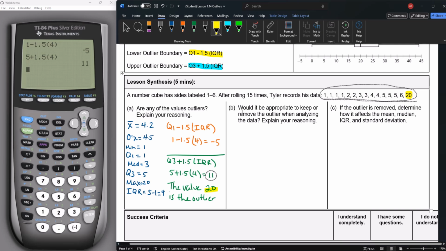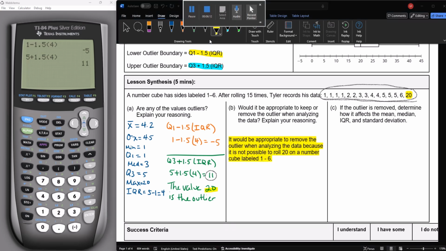So let's take a look at part B. Would it be appropriate to keep or remove the outlier when analyzing the data? Since we are rolling a dice, we know that 20 does not show up on a dice unless you're using one of those fancy dice that goes up to 20. But if we're using a dice that only has 6 sides, it would be appropriate to remove 20.